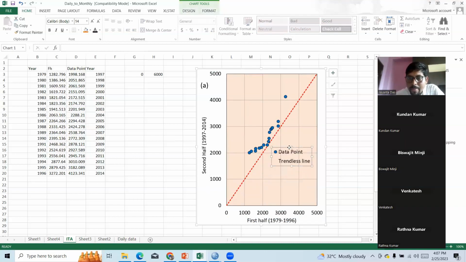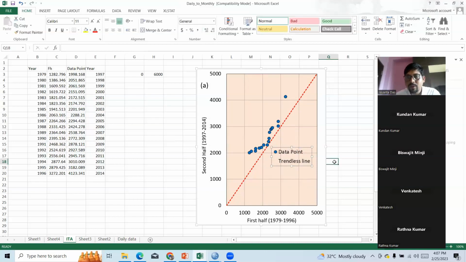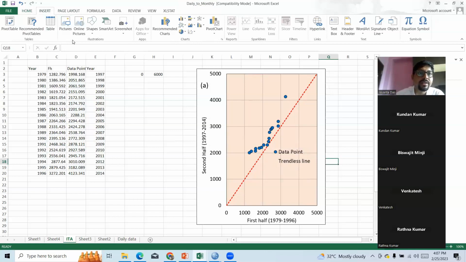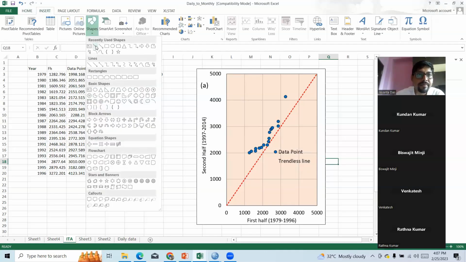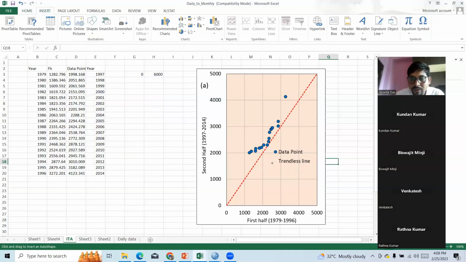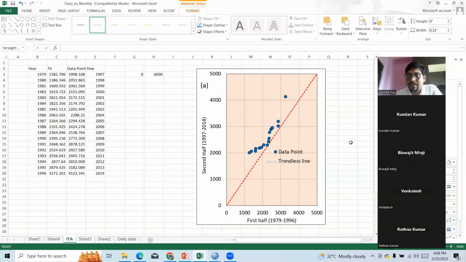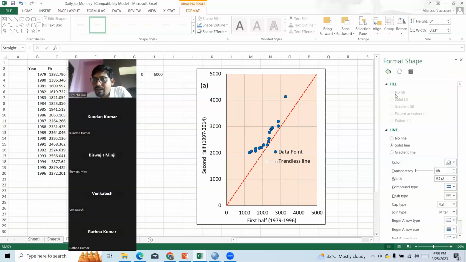Suppose here. And we have to draw one trendless line here. Like we can easily draw it using shape. Here the line, we can draw here one line. Now go to here, solid line.